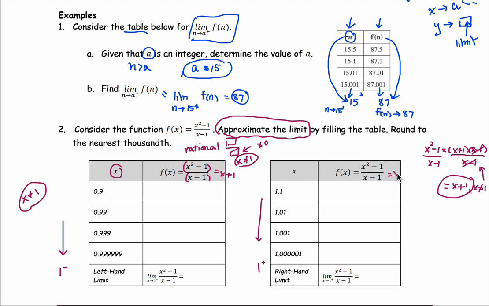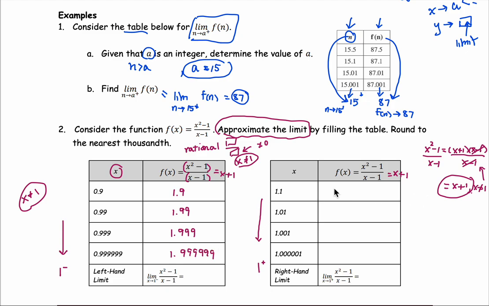Okay, so with x plus 1 as the shortcut to complete the table: as x is 0.9, adding 1 gives 1.9. And next 1.99, 1.999, 1.999999.